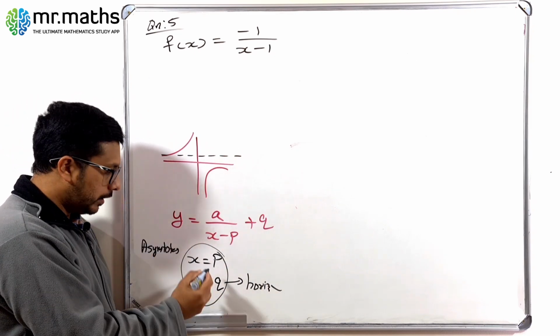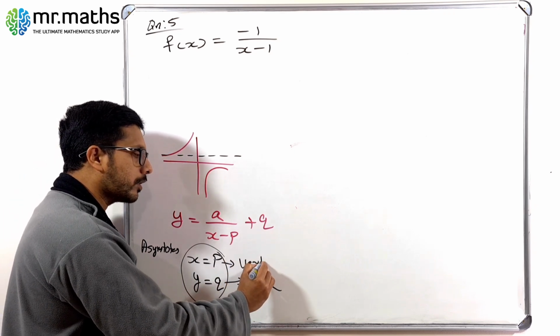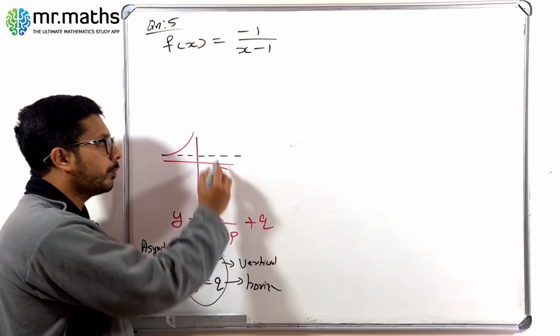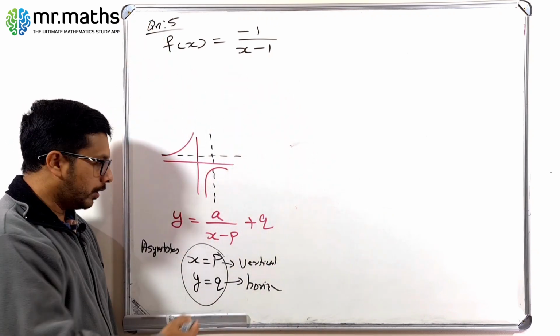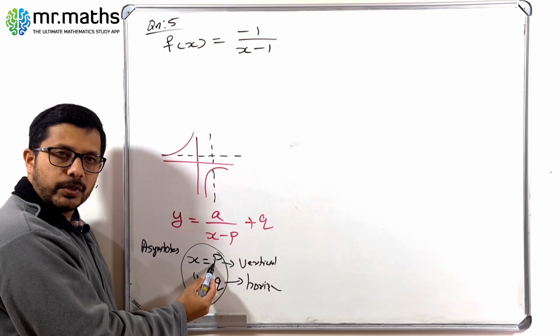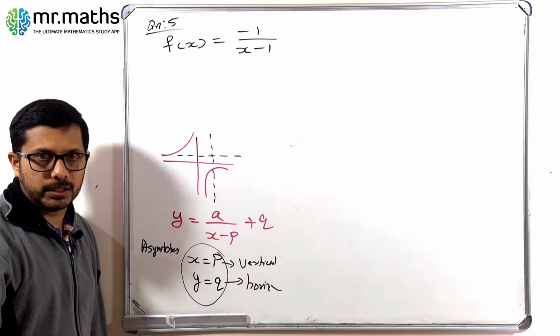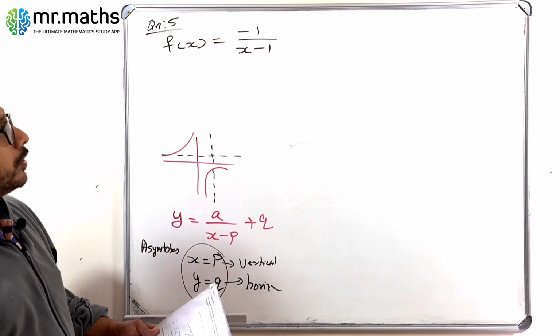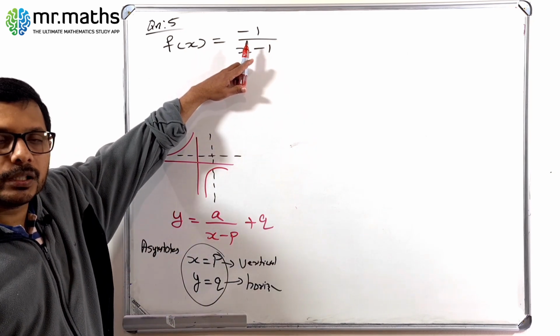Okay, then this x is equal to p is the vertical asymptote. Vertical asymptote means something like this, vertical line like this. So x is equal to p is the vertical asymptote and y is equal to q is the horizontal asymptote.